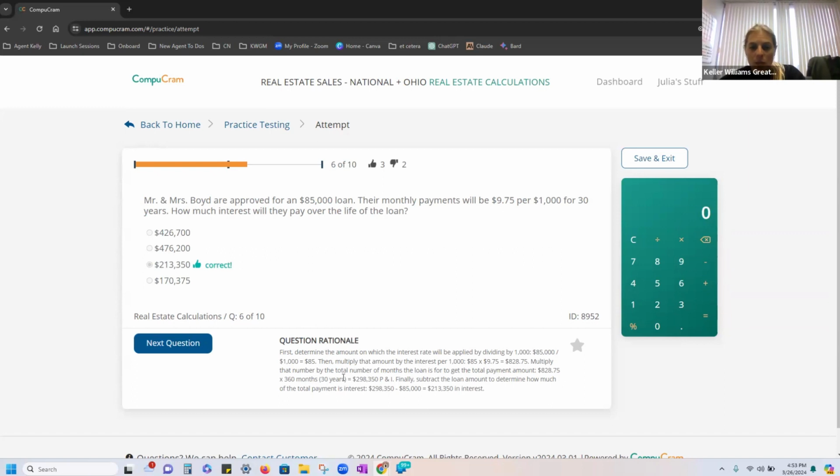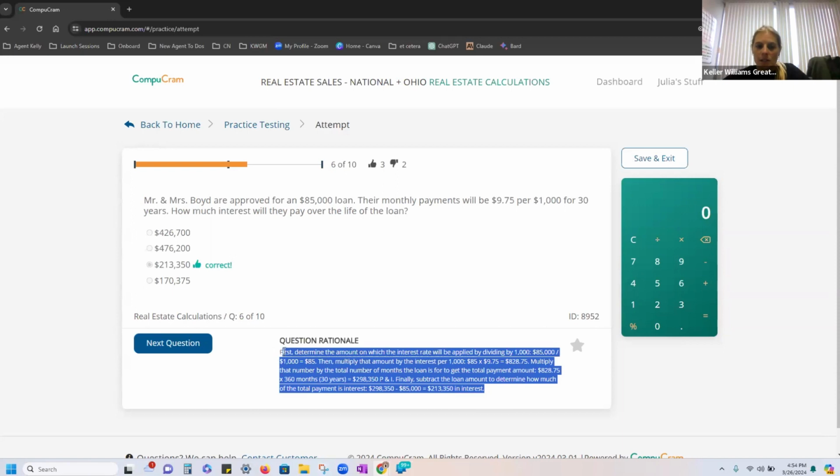So that's 30 years, which is 360 months. And you get $298,350. Then lastly, you subtract the loan amount: $298,350 minus 85,000, and you get $213,350 in interest. Crazy.